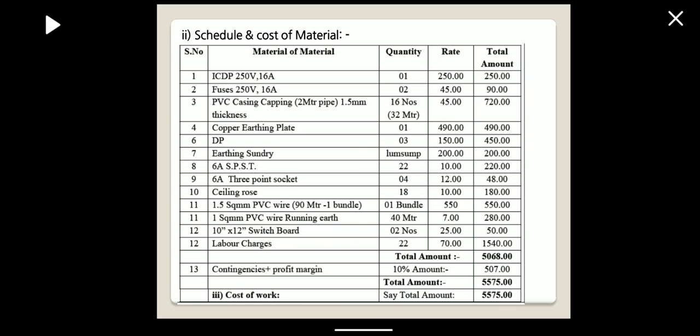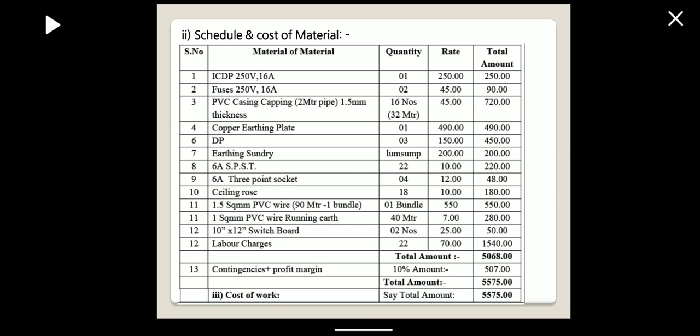So 45 rupees per casing capping pipe, so total is 720. Similarly, earthing plate is required 1, it costs 490 rupees. DP is 3 required, DP distribution, so 150 each is 450. Then earthing sundry lump sum, we want 200 as the rate for this.